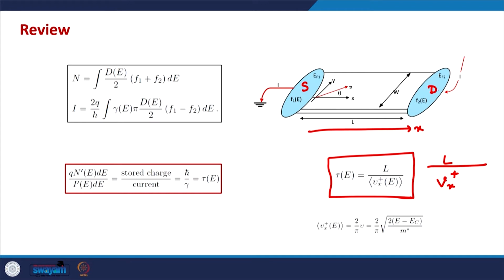That is the average velocity of electrons in the positive x direction in the device.